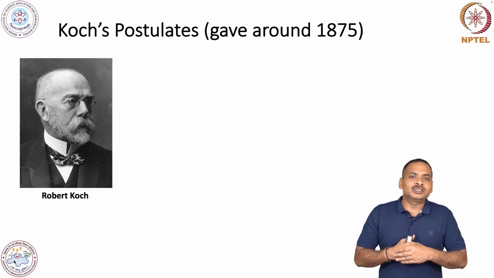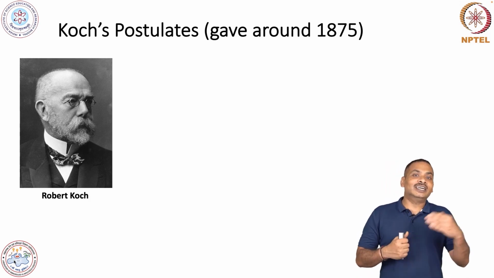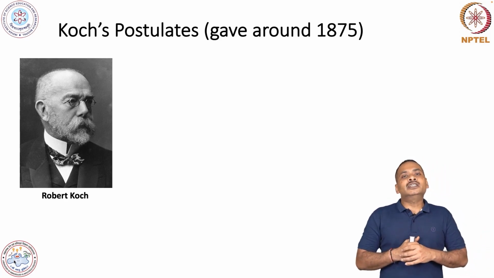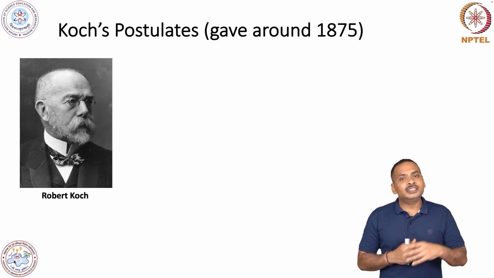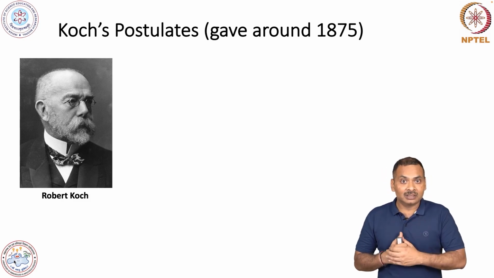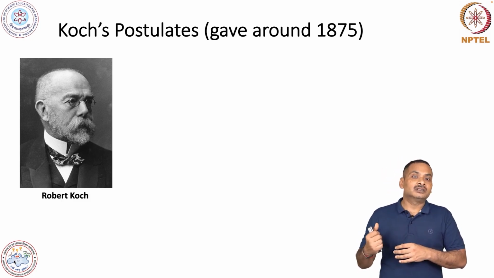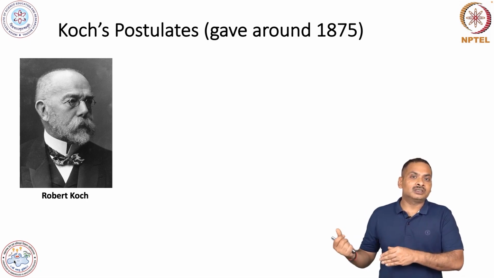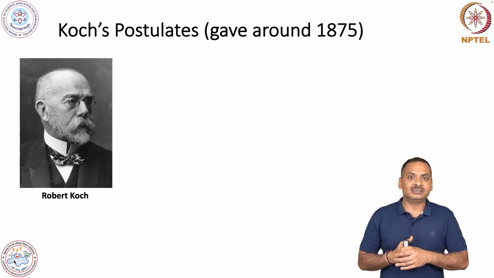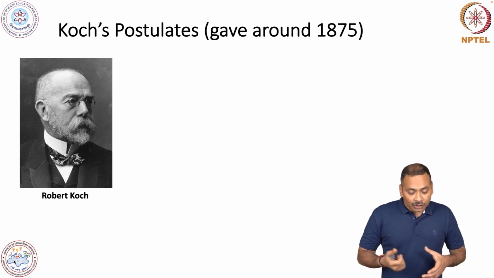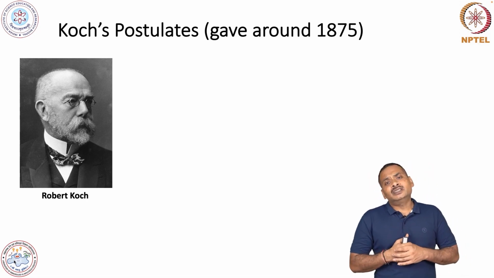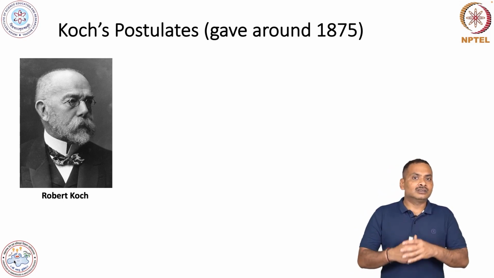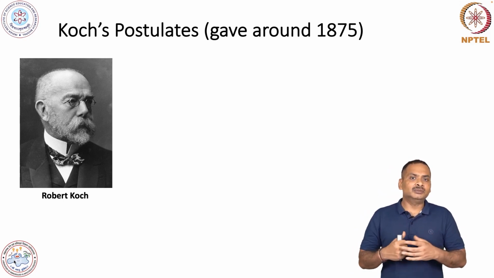Now it looks very simple or trivial, but at that time that was great science. He inoculated the ear of a healthy rabbit with blood from a rabbit which died of anthrax. When he did, this rabbit developed the same disease, signs and symptoms.